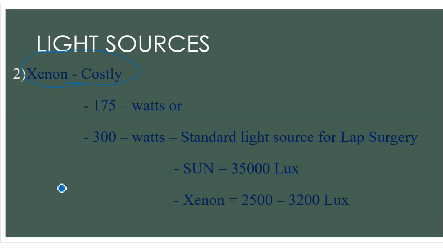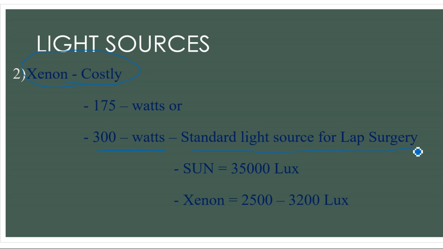It is available with 175 watts and 300 watts. This 300 watts xenon is considered the standard light source for laparoscopic surgery. But yes, if an LED, light emitting diode, light source is available, better.